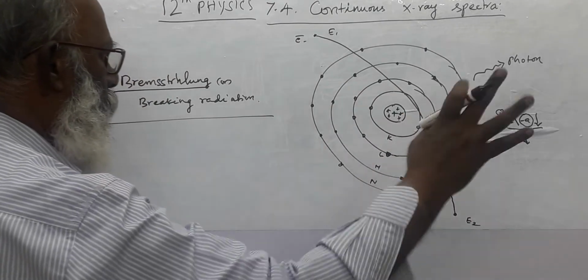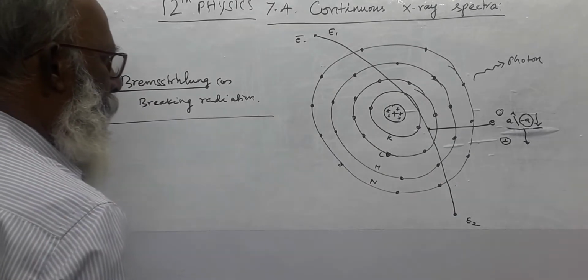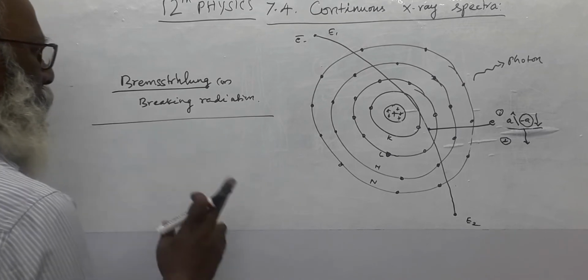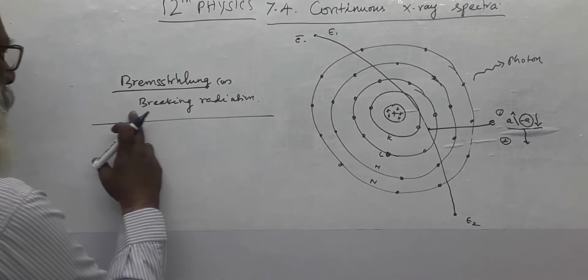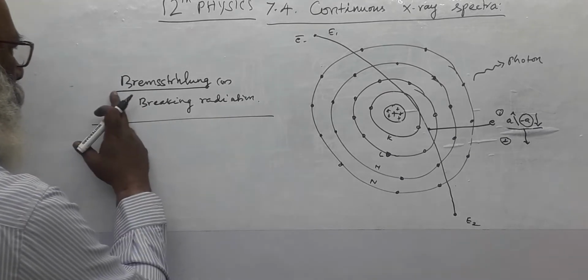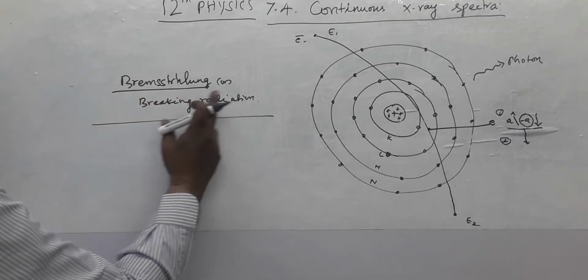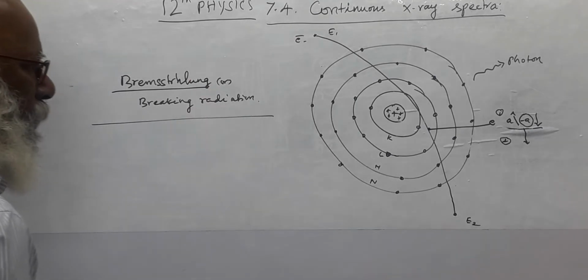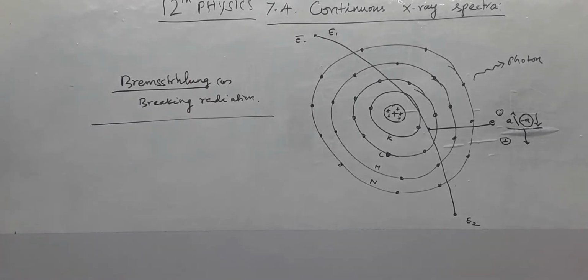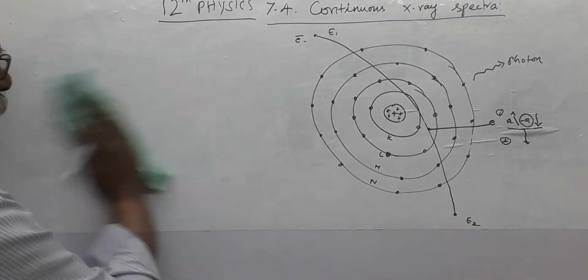Now two points are clear. Third point: when the decelerated electron produces radiation, such radiation is called breaking radiation or Bremsstrahlung. This is a valuable point that we have to understand. Then next, we move on to the next point.